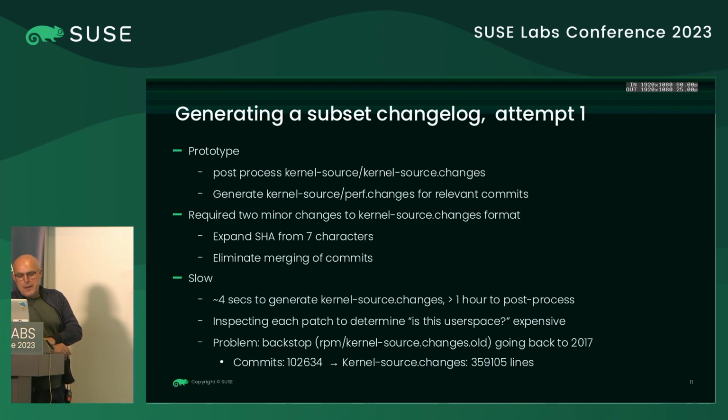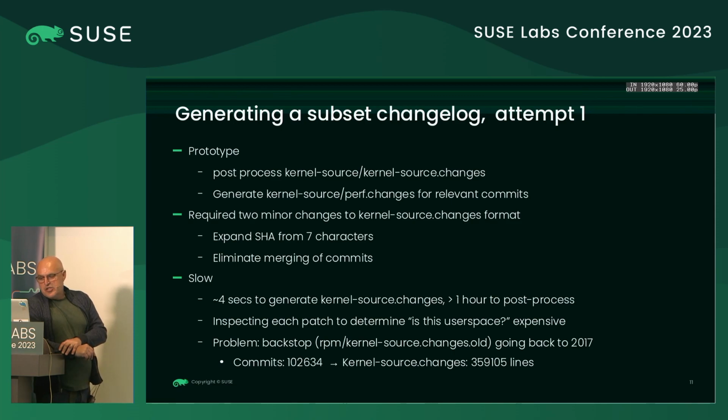So it takes about 4 seconds for scripts.tar to generate the kernel-source.changes, but it takes over an hour to inspect that to determine which of those patches touches tools/perf. And the problem is actually looking at the git diff and inspecting the change to see if it's a perf patch is really expensive.